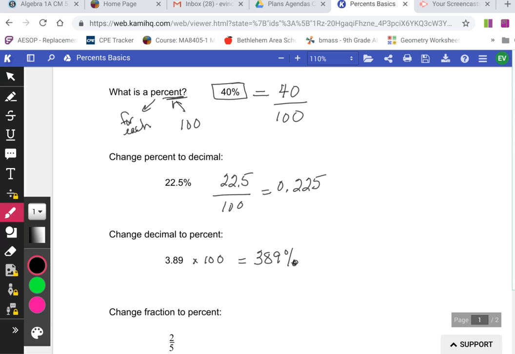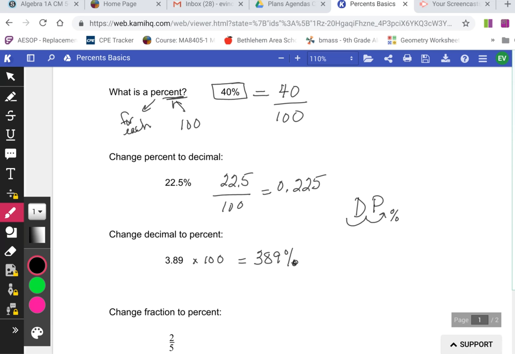Another way to think about this, I use this for my students a lot. Decimal comes before percent in the dictionary. So if I want to change from a decimal to a percent, I'm going to move my decimal place 2 places and then add a percent sign. So 2 places to the right because decimal comes before percent.